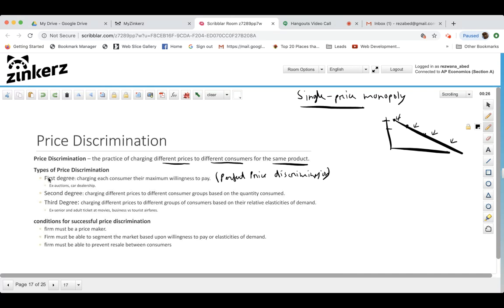Sort of. So one example of this kind of situation would be a car dealership. When you go to a car dealership to buy a car and you're talking to a car salesman, they know that different consumers have different willingness or ability to pay for a car. So they haggle with you, they'll talk with you, they'll try to understand each customer's maximum willingness to pay for this product.